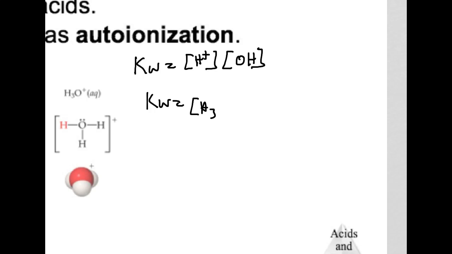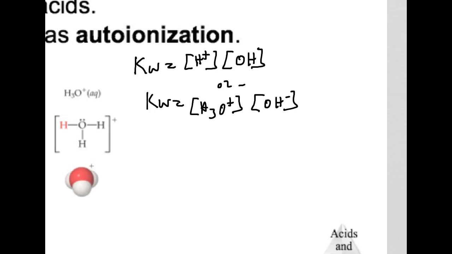We know that water sitting out on the shelf in a bottle doesn't do this very much. We know that water is water, H2O, covalent stuff. We know that the concentration of this and this are going to be very, very, very low. Therefore, less than 1.